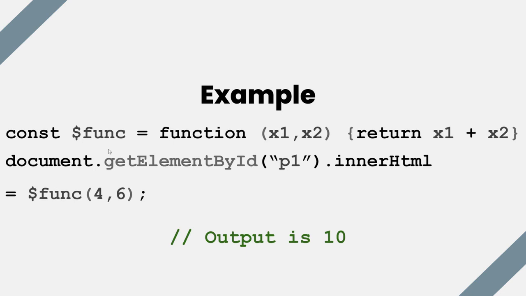So it's actually safe to say that the function we have here is what you would call an anonymous function. And by the word anonymous, we mean that the function here has no name. You can see it by this side. It has the function keyword, it has the parameters x1, x2, and it also has our block of code, which is returning x1 plus x2.